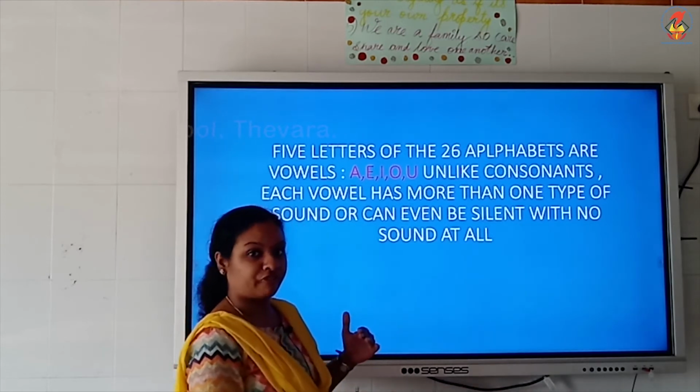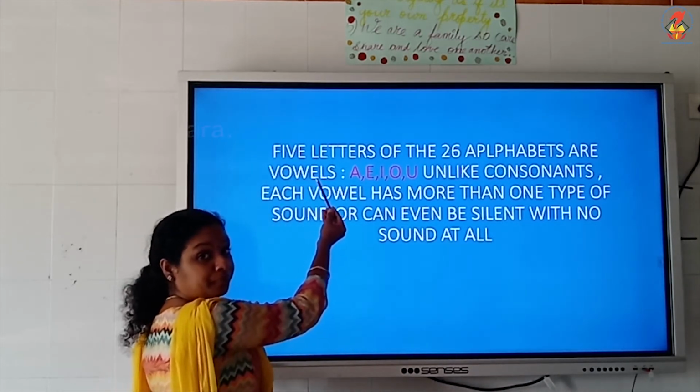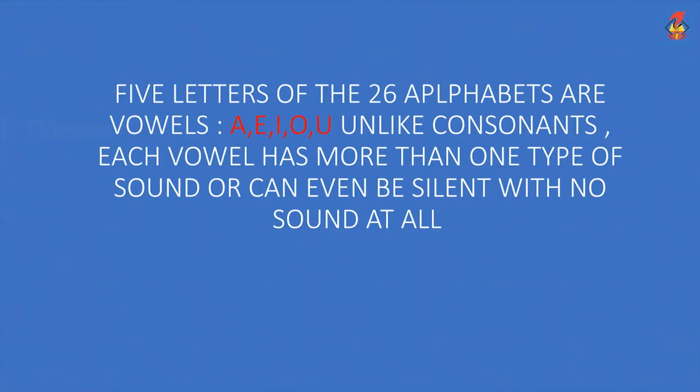So you just repeat after me. 5 letters of the 26 alphabets are vowels A, E, I, O, U. Unlike consonants, each vowel has more than one type of sound or can even be silent with no sound at all.